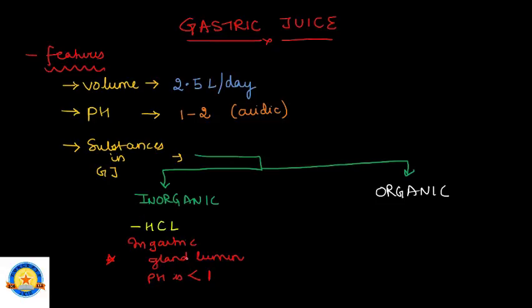Now, tell me the organic substances present in gastric juice. The organic substances are, first of all, pepsinogen. Now, tell me which cell secretes pepsinogen. Yes, correct. It's zymogen cells, also called chief cells.